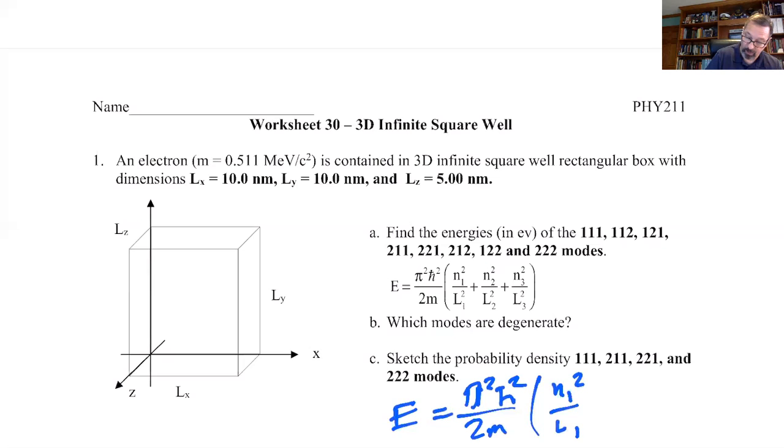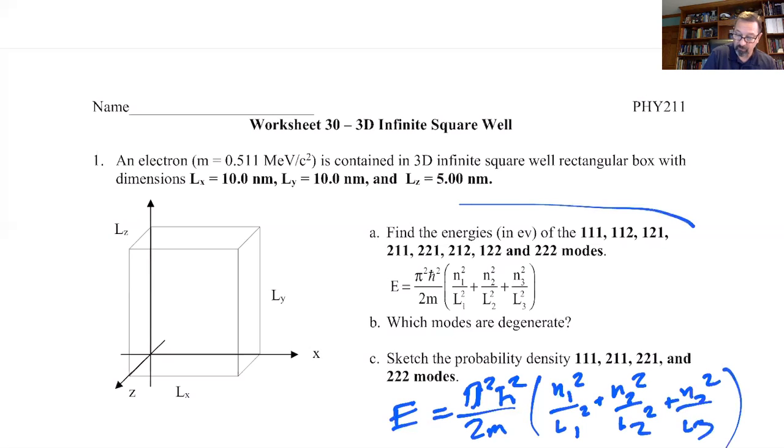Now, here in this problem, it's called x, but that's L1, plus n2 squared over L2 squared, plus n3 squared over L3 squared. And so what I'm asking you to do is, for these modes right here, which we've just kind of drawn pictures, so hopefully you have a picture of what they mean.